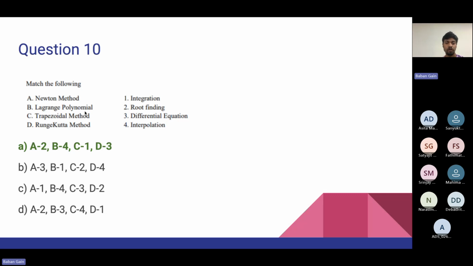Lagrange is used for interpolation, to fit a polynomial. Then Runge-Kutta method is used for a differential equation. You have f of 5, what will be f of 6, f of 5.1.